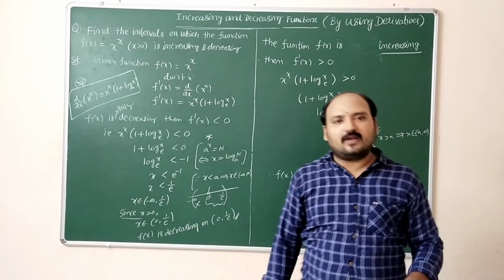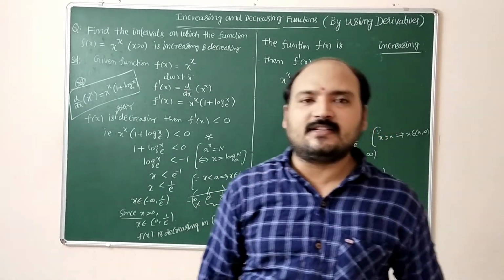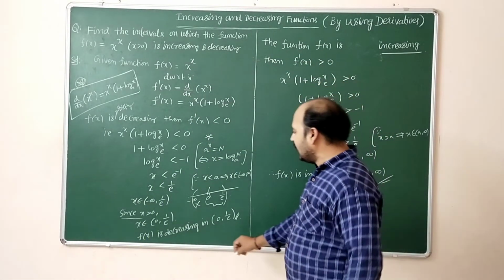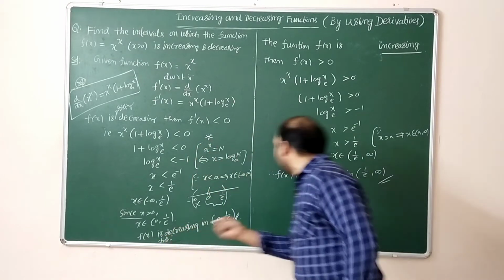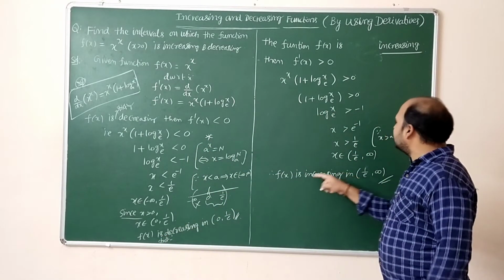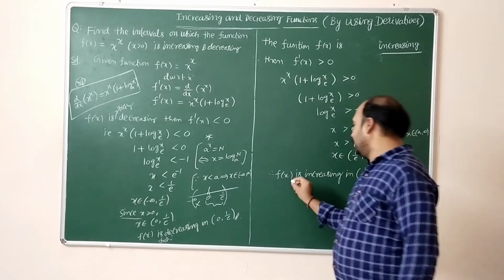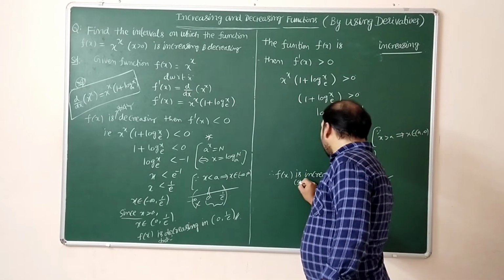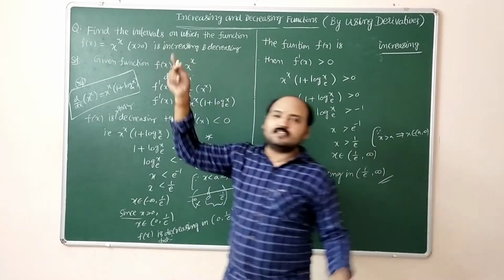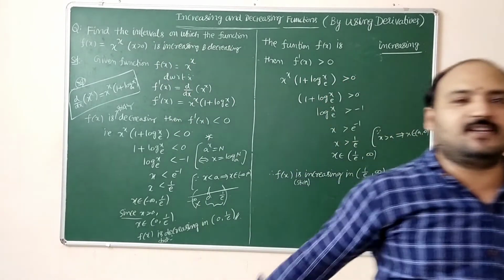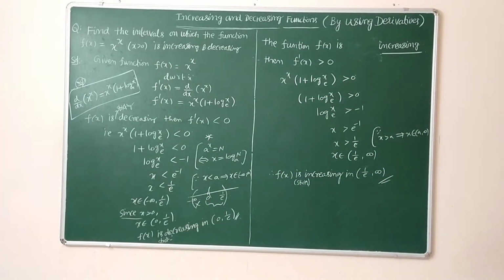So wherever increasing, decreasing is given, you can take strictly increasing, strictly decreasing. Simply here you can take strictly increasing. Why? Because strictly increasing only you can take as greater than 0, less than 0. Otherwise, in the question itself you can change it here. Increasing, decreasing means strictly increasing, strictly decreasing. You can go to the next question.